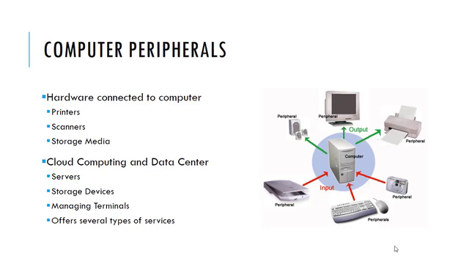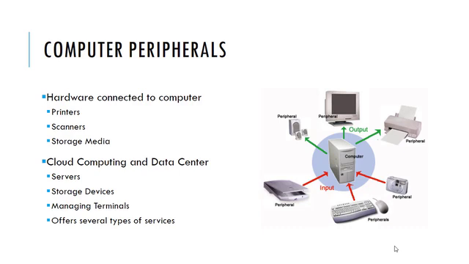If we have a look inside a cloud computing center or a data center, we can see some servers, some storage devices, and some terminals that are used for managing and configuring the devices inside this center.